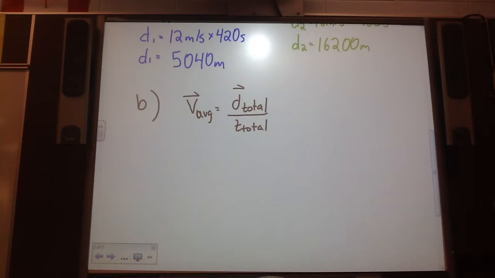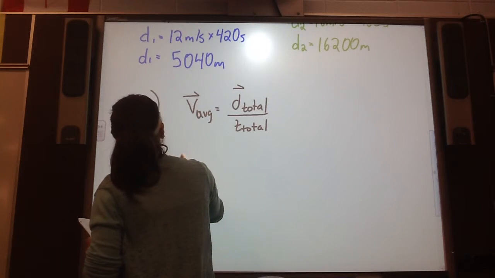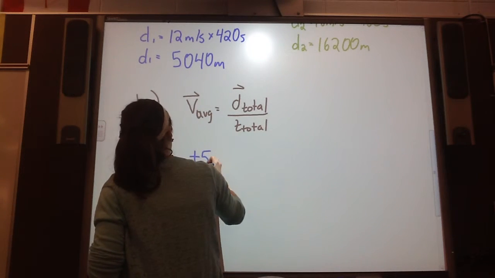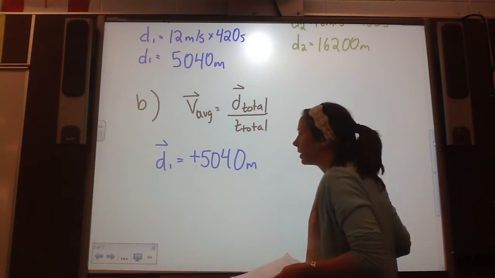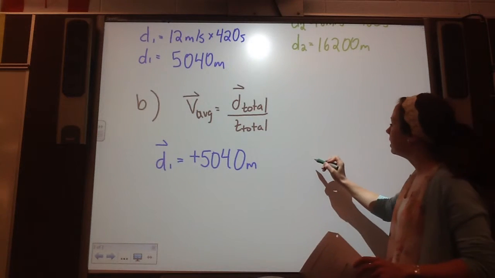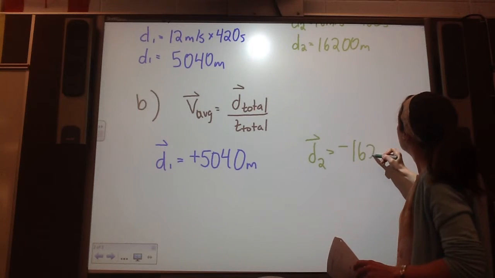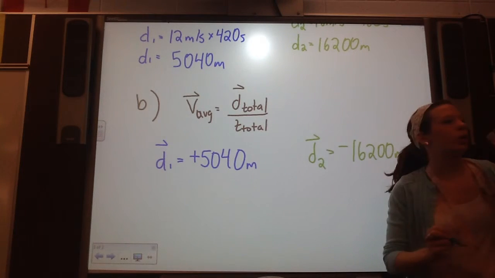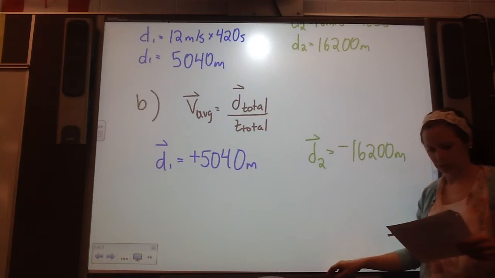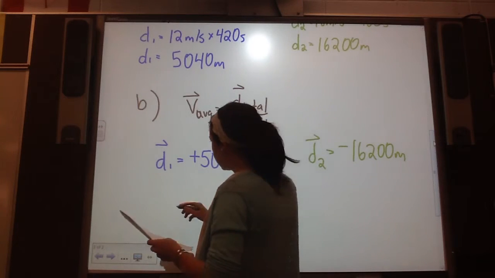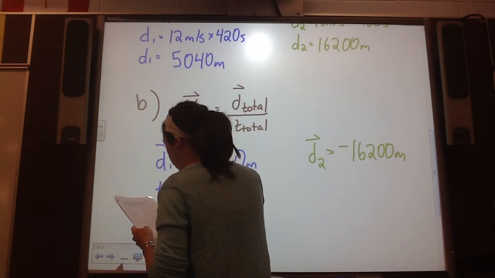So I'm still going to use the data that I was given here. I'm going to say my D1 is positive 5040 meters, with an arrow, because it was going east. And D arrow 2 is negative 16200 meters because it was going west. My T is still the same, because time is always scalar.